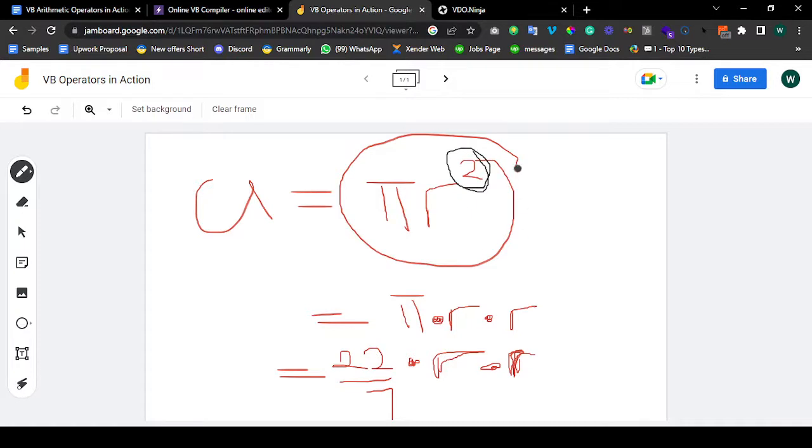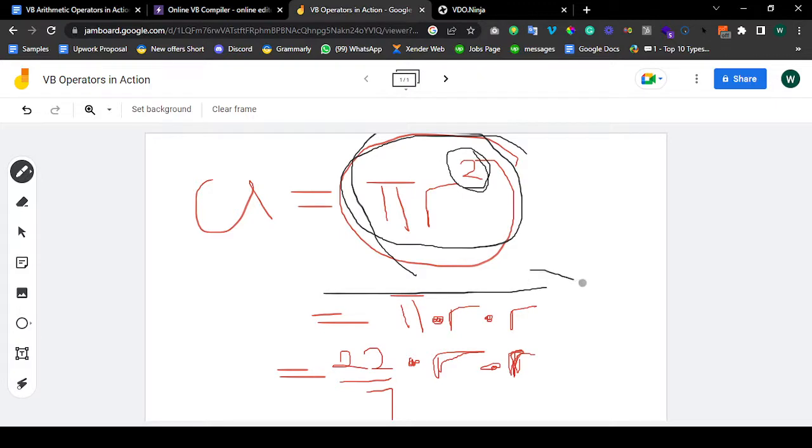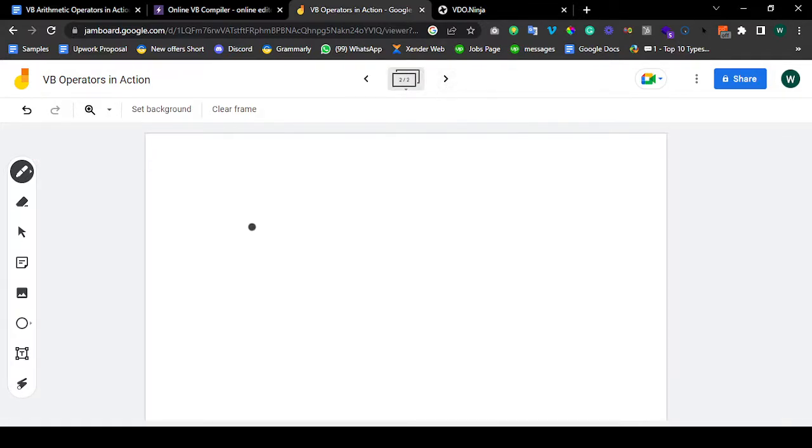So we have to look for a way to rewrite this formula in such a way that the computer will know this is what we want to calculate. We have to write everything in one line without any superscripts, especially this square. And don't forget, in mathematics, if you say pi r square, this is just pi times r times r, but the computer will not understand this.